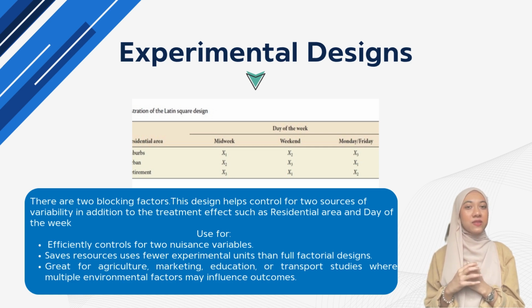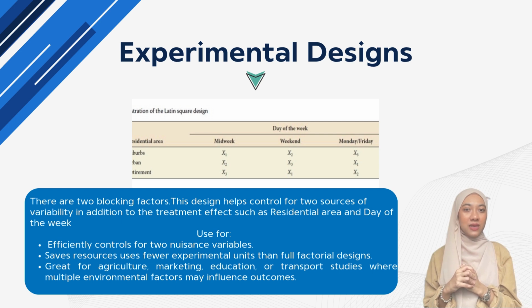Next, it saves resources, as it needs fewer experimental units than a full factorial design. Lastly, it's great for agriculture, marketing, education, or transportation studies where multiple environmental factors may influence the outcome.